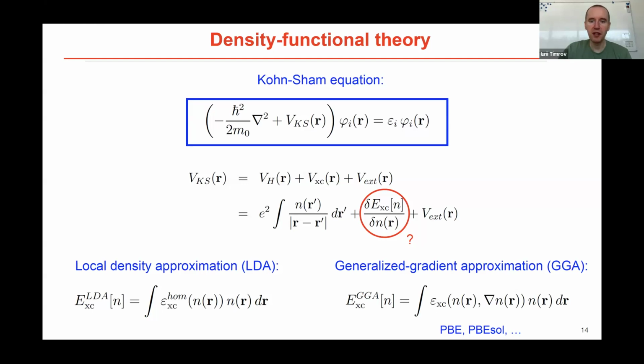If we knew the exact exchange correlation functional, that would be very beautiful, because we could describe materials very accurately, like they are in nature. Unfortunately, we don't know the exact exchange correlation functional, so we need to approximate it. People try to do as best as they can to figure out what the exact functional is.